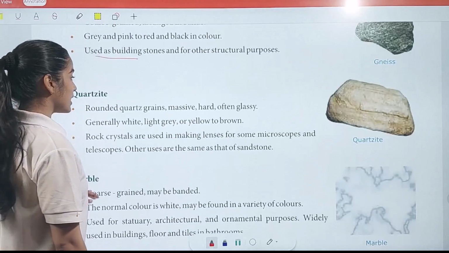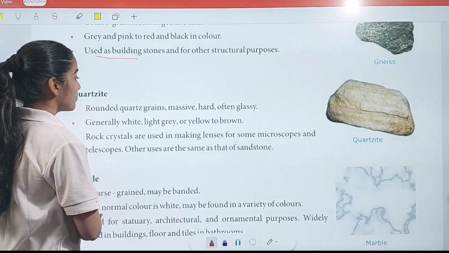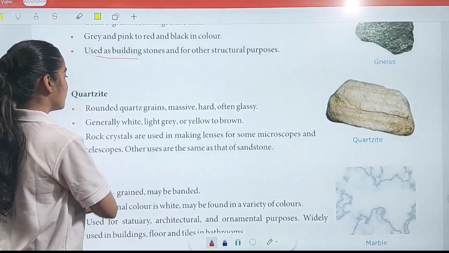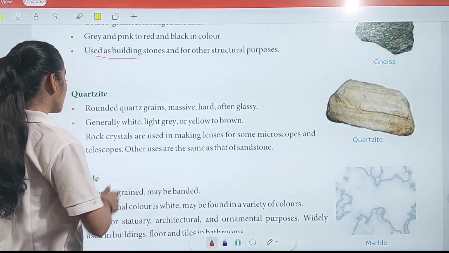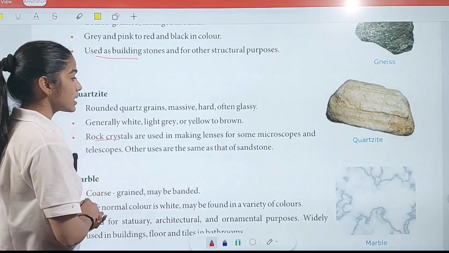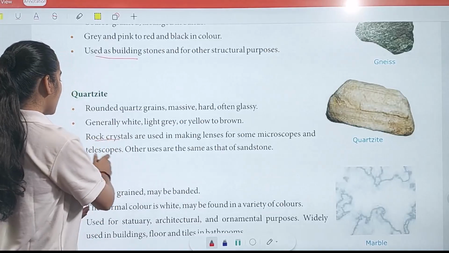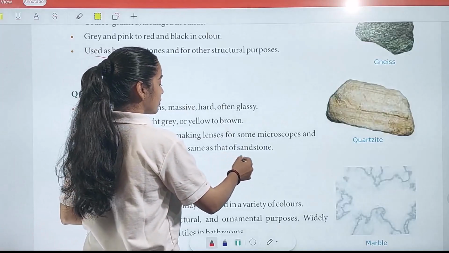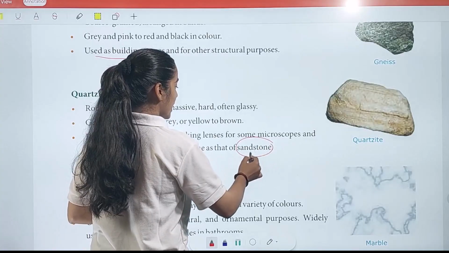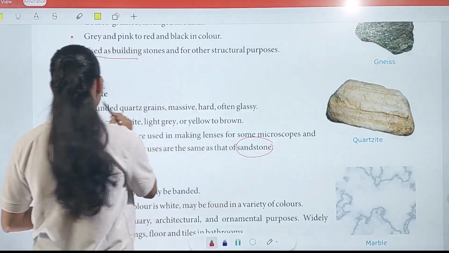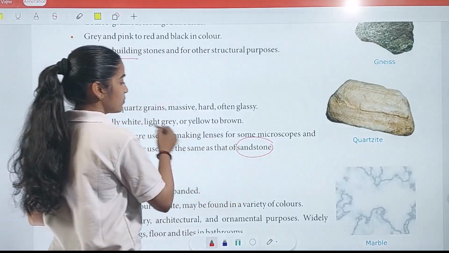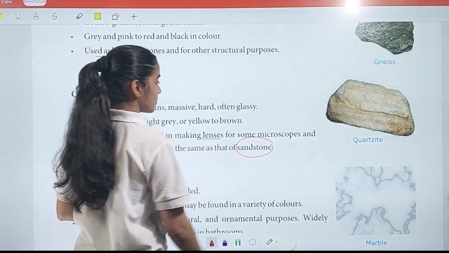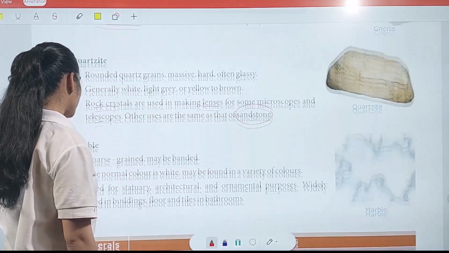Next, we have quartzite. Rounded quartz grains, massive, hard, often glassy, generally white, light gray, or yellow to brown. Quartzite crystals are used in making lenses for some microscopes and telescopes. Other uses are the same as that of sandstone. We use quartzite to make lenses for microscopes and telescopes as well.